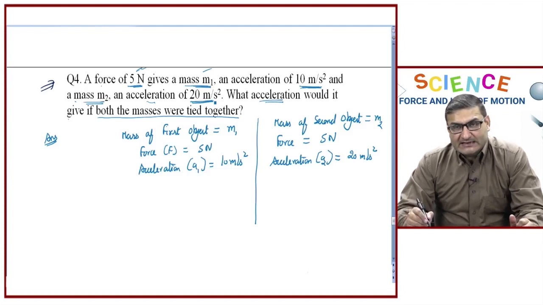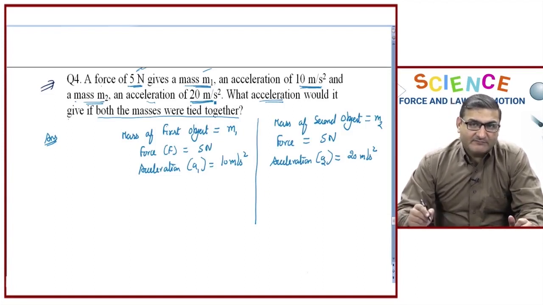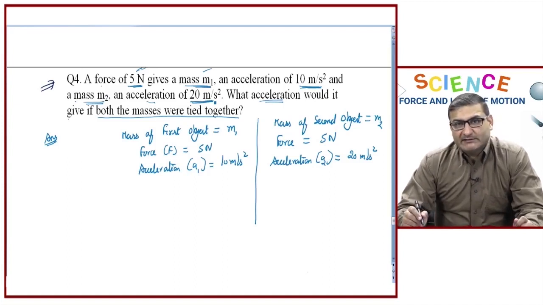Now the question is asking us that if I combine this pen and this eraser or sharpener, if we bind them together and then we throw this combination of pen and eraser with the same force, now with what acceleration will it move?